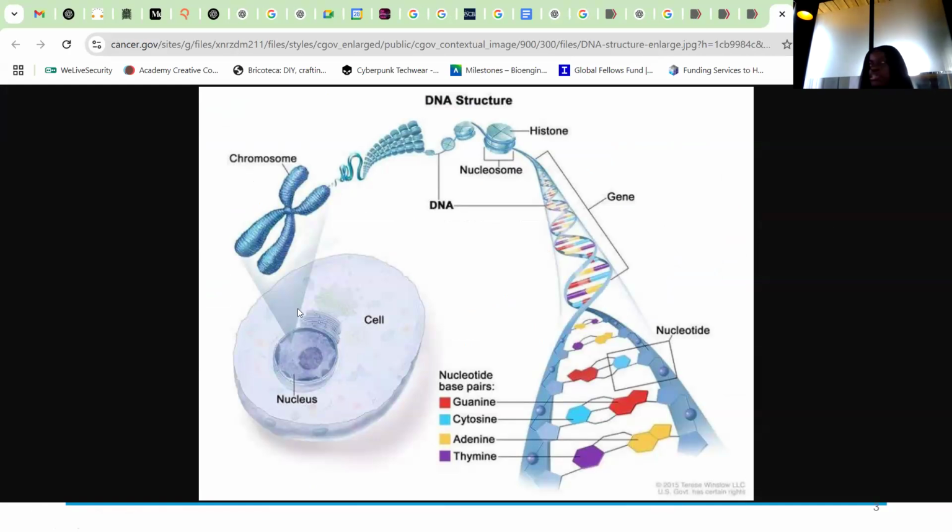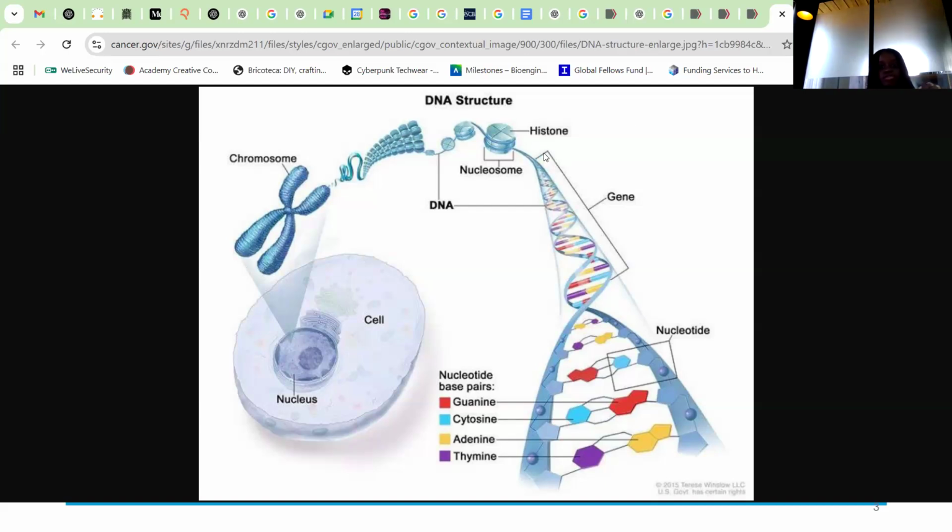So here we have a cell, and within the cell we have the nucleus, which houses all the DNA, all of the genetic code, what's used to make up all the little building blocks within our body. Within that we have the chromosome, and the DNA is compacted into chromosomes. And this is what the DNA looks like.